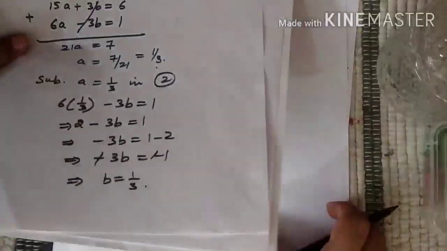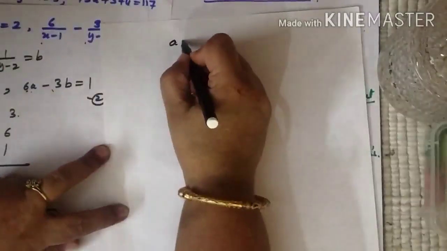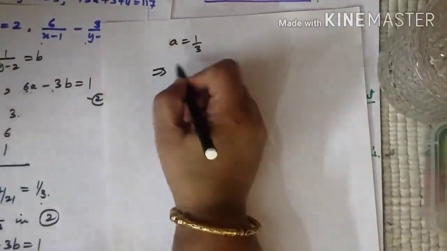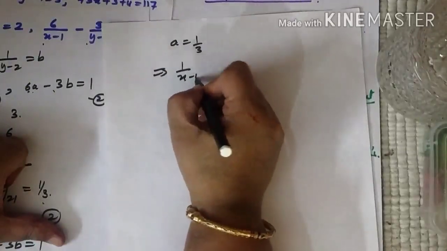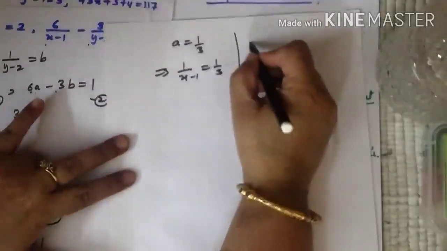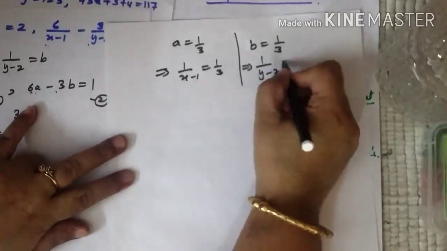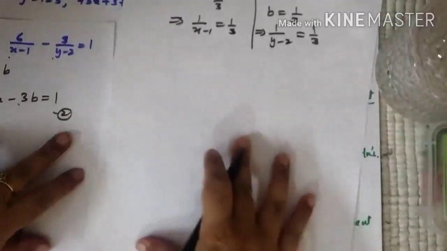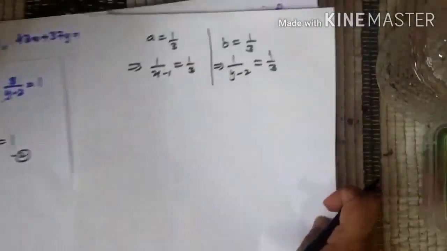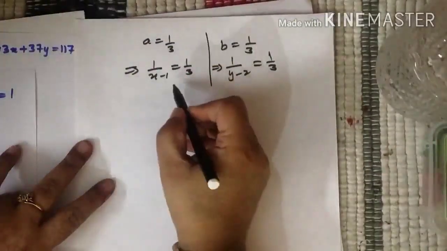Now see, a is 1 by 3 implies, what was a? 1 upon x minus 1 is 1 by 3. b is 1 by 3 implies 1 upon y minus 2 is 1 by 3. Now let us simplify. How can I simplify?